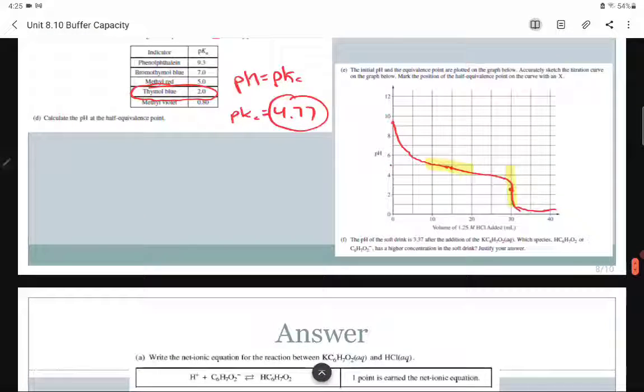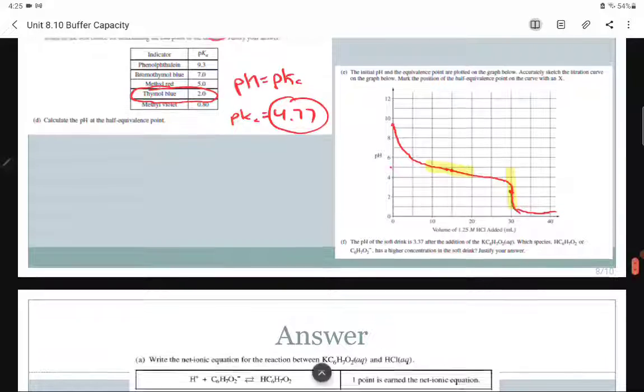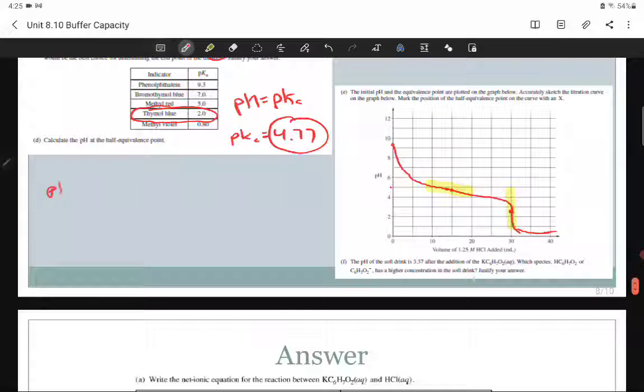It wasn't. pH of the soft drink is 3.37 after the addition of the salt here. Which species has a higher concentration in there? So pH equals pKa plus log of A minus over HA. pH 3.37.